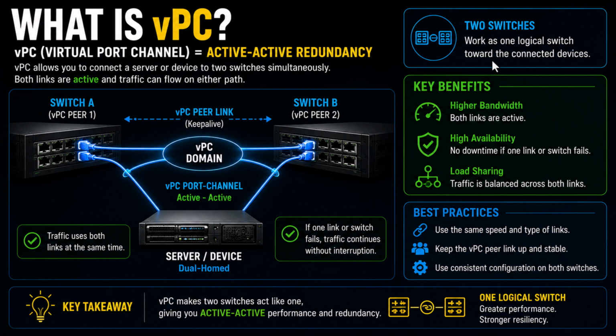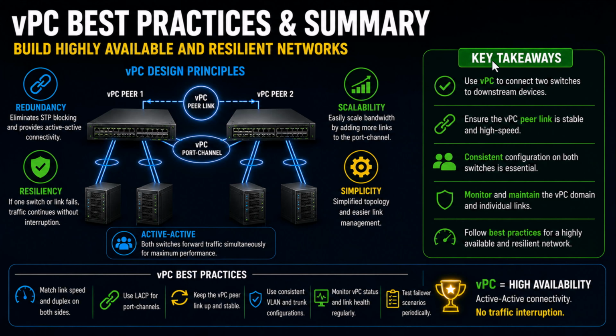With vPC, both switches appear as one logical switch to the connected device. That means both links stay active. Traffic can use both links simultaneously. And if one switch fails, traffic continues through the other without interruption. This is called active-active redundancy.